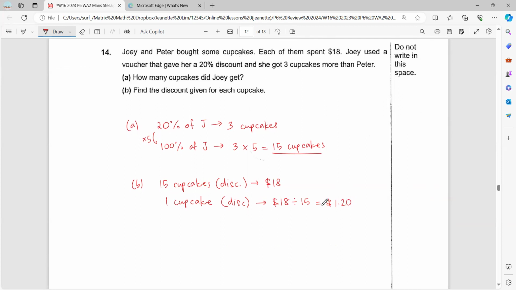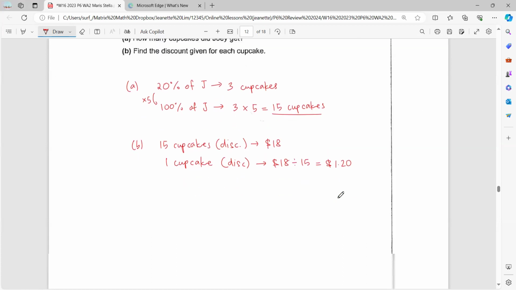Now, there's 2 ways to find the discount given. So every cupcake is 1.20, and if this is the discounted price, so 1.20 is actually 80% of 1 cupcake. Let me show you 2 ways. So from here, 80% of 1 cupcake is 1.20.